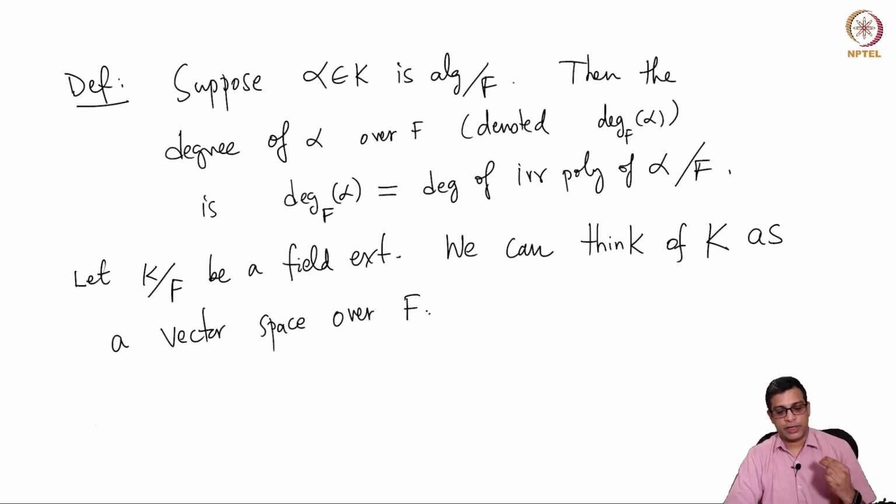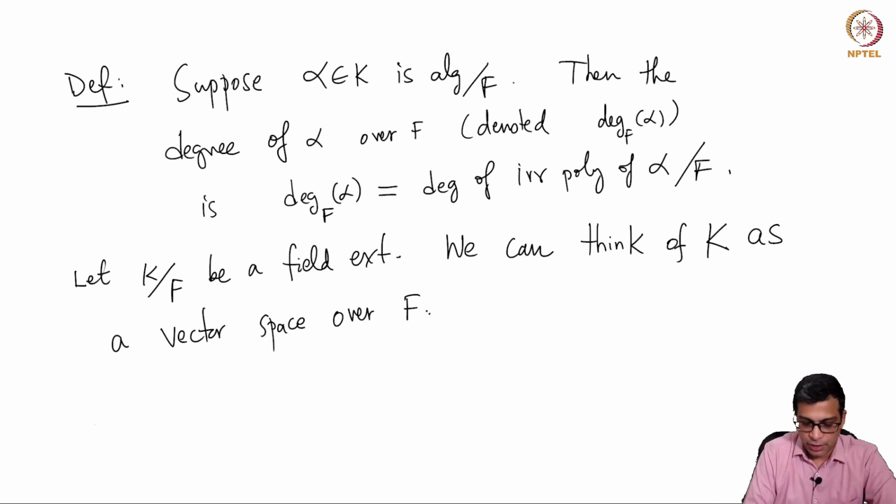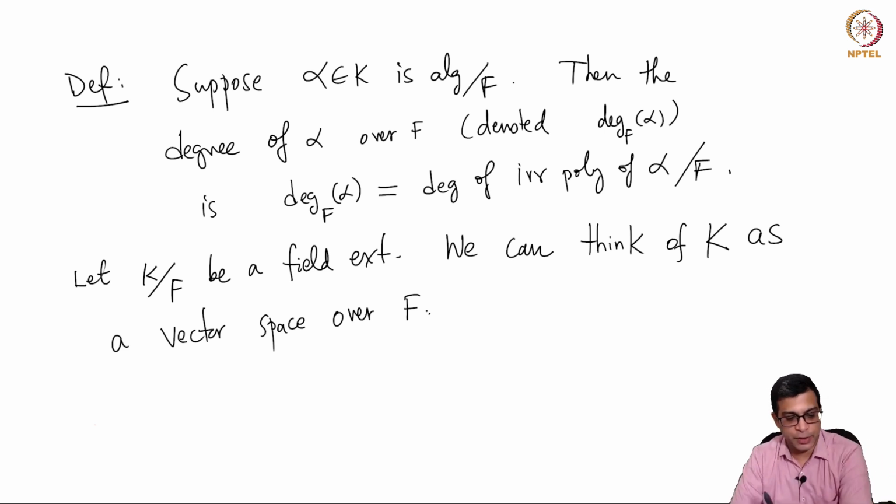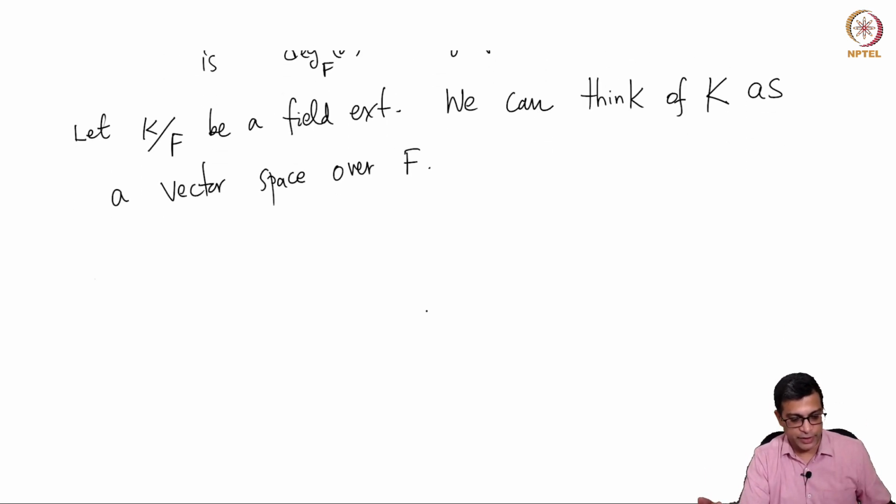Because what is an F vector space? F is a field. An F vector space is an abelian group which admits multiplication by elements of F, namely scalar multiplication. Of course, K is a field, so it's an abelian group, and you can multiply two elements of K among themselves. So certainly you can multiply an element of K by an element of F. So it is an F vector space.